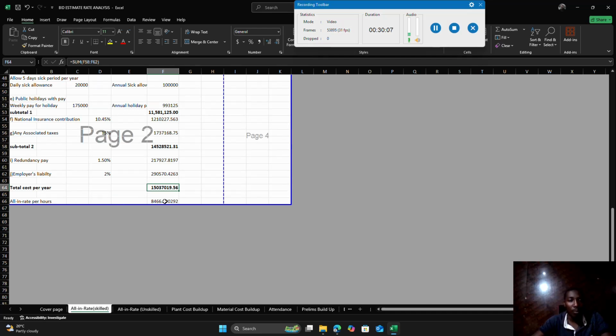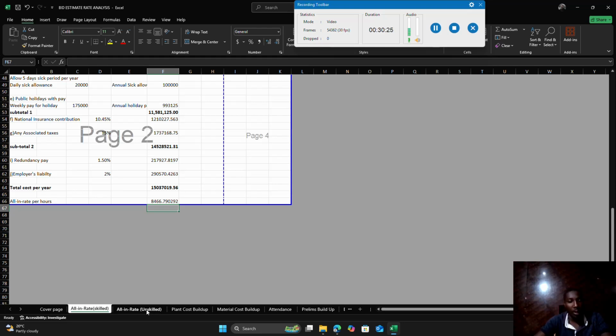So if we convert this into hours, we shall be paying skilled labor 8,466 per hour. That is for a skilled worker, say a foreman.